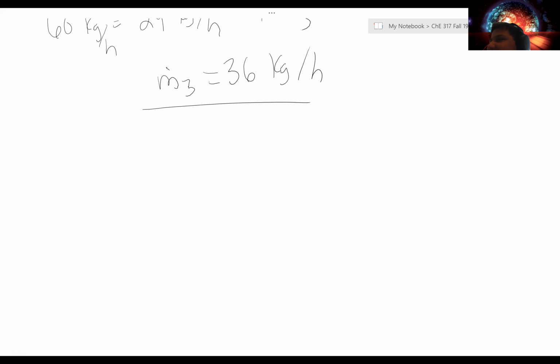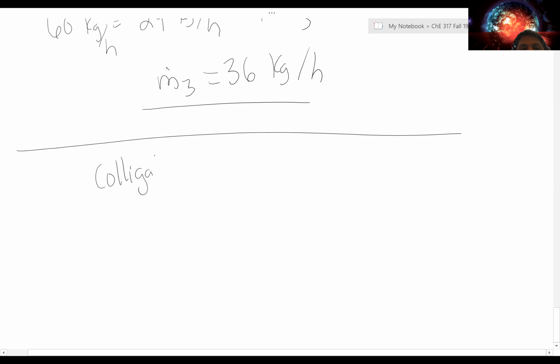One last thing to mention when looking at solid liquid systems is that of colligative properties.